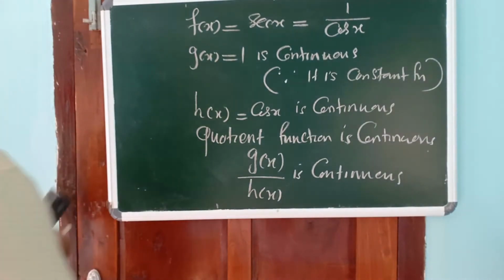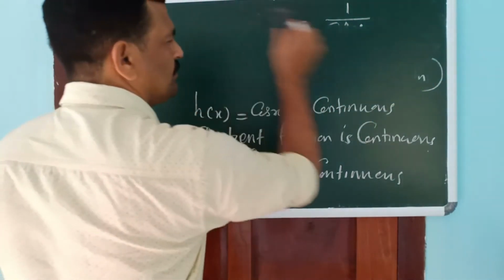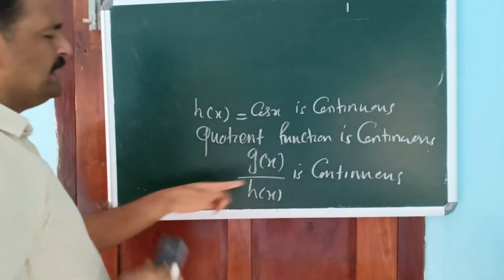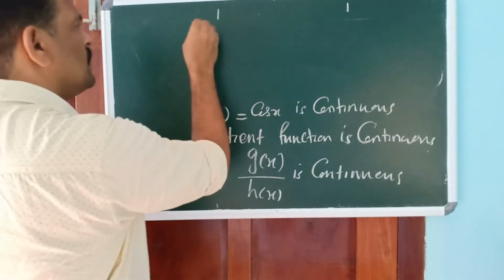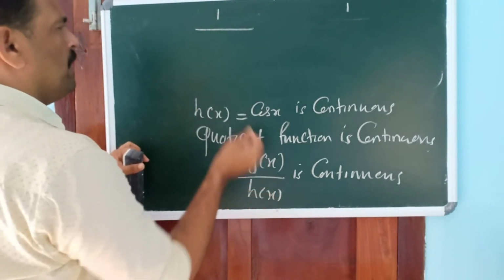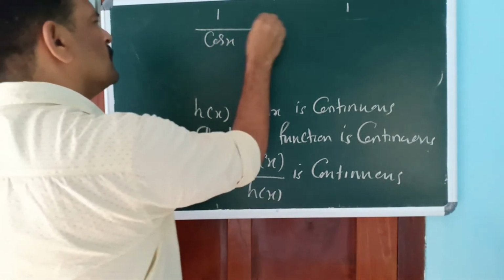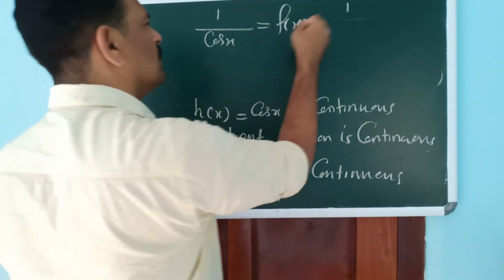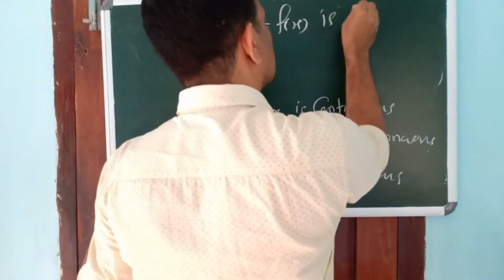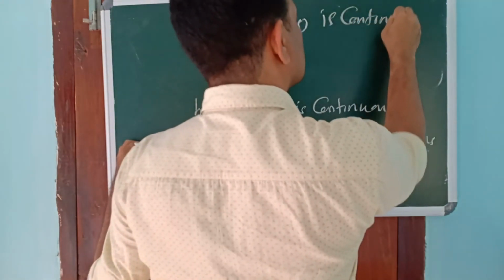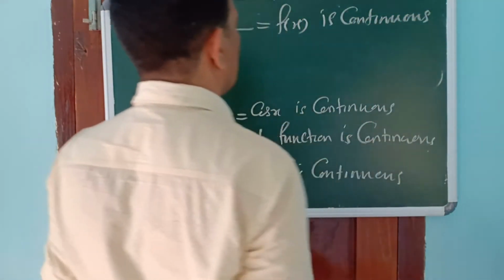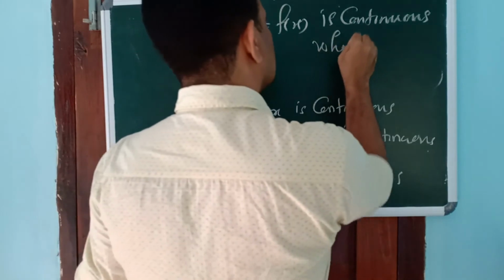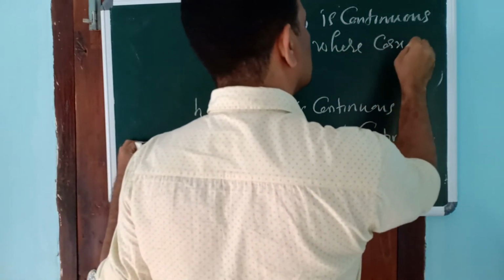That implies 1 divided by cos x equal to f of x is continuous, where cos x not equal to 0.